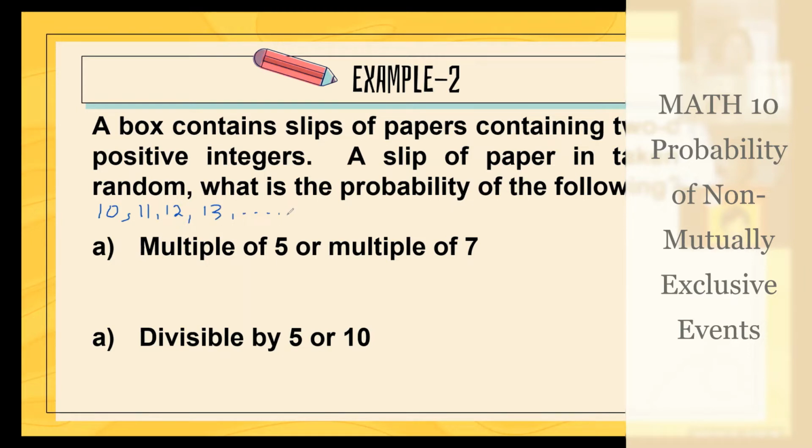If 2 digits, it means up to 99. So, how many papers in all? So, what is the number of outcomes? Kung 100 lahat, 1 to 100, i-less mo yung 1 to 9, i-less mo yung 100. Ilan yon? Is it 90? Please help me to count. Is it 90? 90 slips of papers in all?